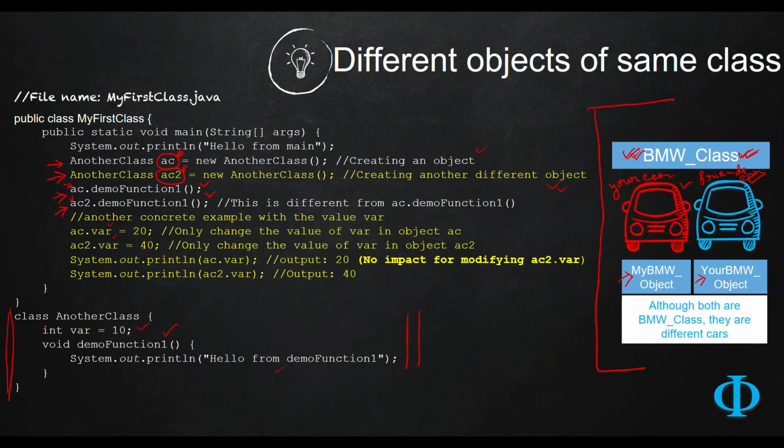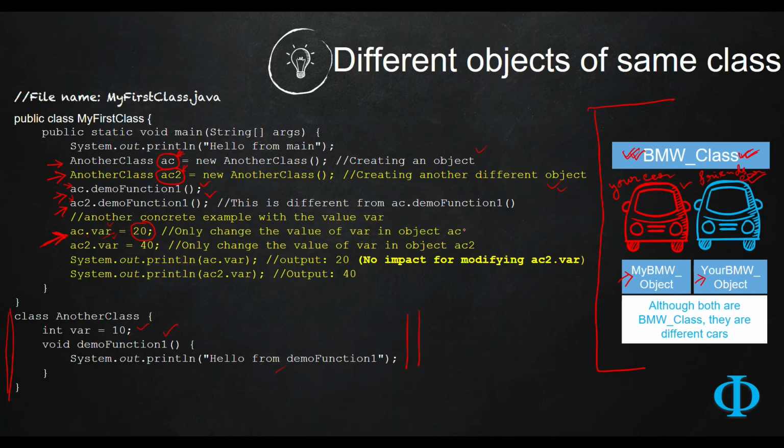Just to clarify the concept, you can run this program in any IDE. Just for clarification, I have used this AC object followed by a dot and then var, and set the value of the var of the AC object to 20.